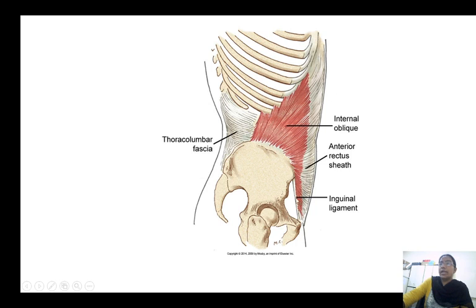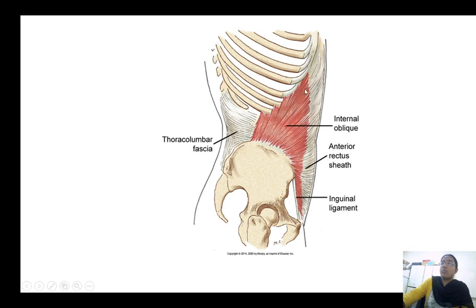So the internal oblique forms the inguinal canal: the anterior wall of the inguinal canal is formed by the inguinal fibers, whereas some of the fibers of the same internal oblique also form the roof of the inguinal canal.